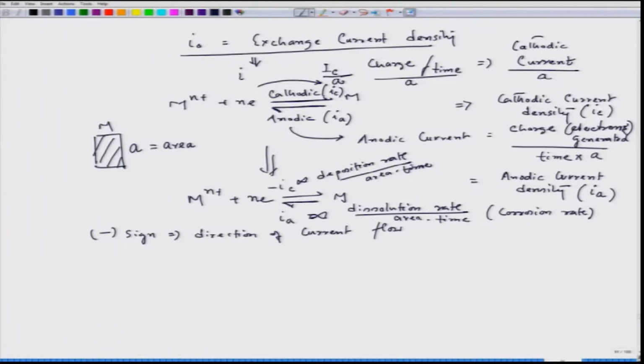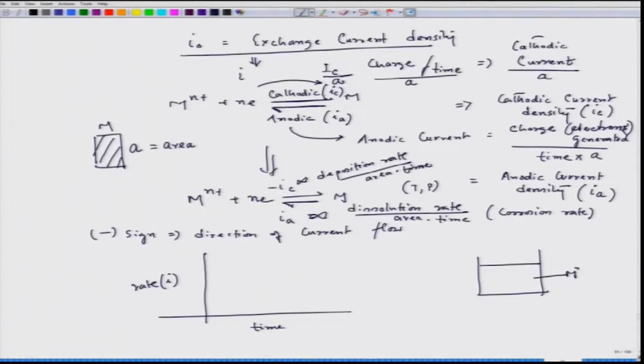Since they are taking place at a particular temperature and pressure, they will reach equilibrium. If we consider time and the rate, and express this rate in the form of I, then initially, say a particular solution has M^n+ ions. Once I dip this metal into that solution at a particular temperature and pressure, the metal will start depositing, and at the same time the opposite process would also start.